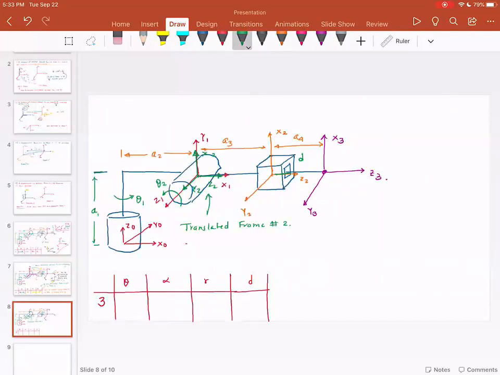So let's look at the rotation about z n minus 1. This is z2. Now you can see the rotation about Z2 so that X2 and X3 get aligned.